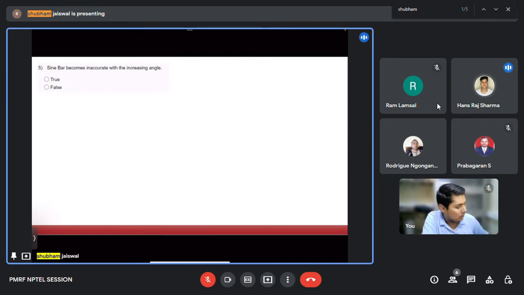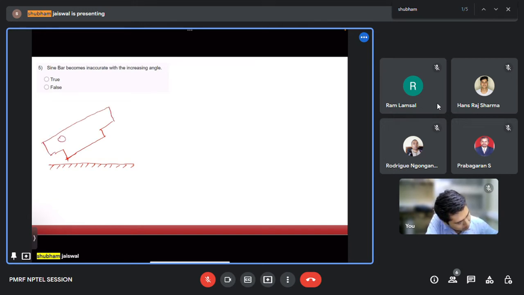Okay, let's see. So this is my surface plate. This is my sine bar. These are the slip gauges.